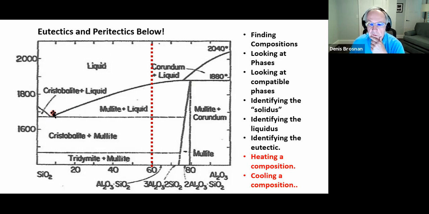So these points are interesting for us because they tell us where liquid begins to form. That's really interesting to us in firing because liquid is the substance that bonds vitrified ceramics together.